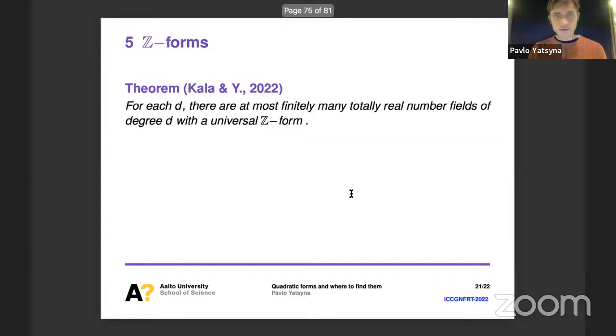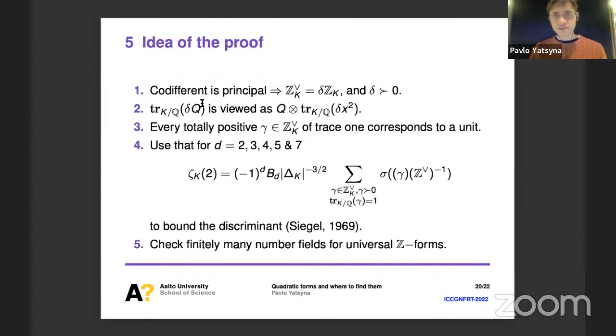Here we always use the idea that if it's principal, we have a quadratic form which is universal, and then it represents all the elements in the codifferent. When it's not principal, we can't find a single element to multiply it by to represent everything inside. Perhaps this can be extended somehow, but it's going to be a bit more fiddly, and we haven't thought too much about how to deal with this non-principality condition as yet.